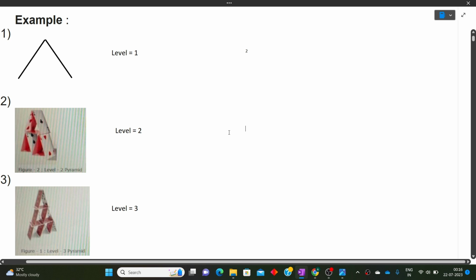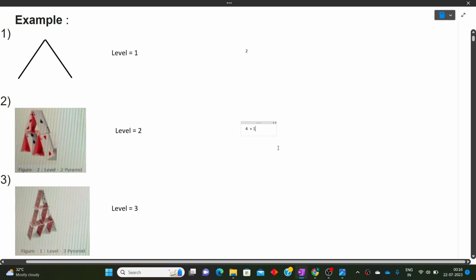How many cards have been added in level 2 only, not in level 1? These two triangles are there, that is 4 cards. Then one card placed horizontally joins these two triangles. So 4 plus 1, these 5 cards have been added extra in level 2.